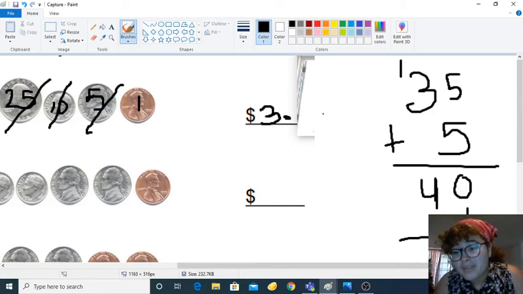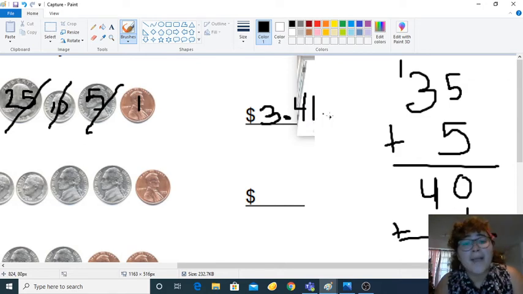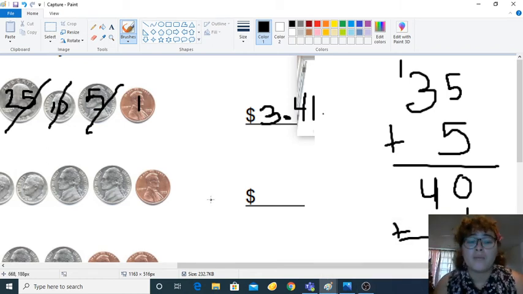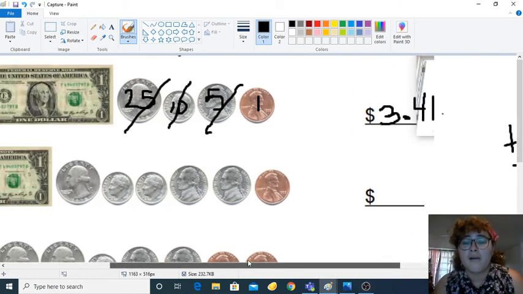You put 0 plus 1 is 1. There's nobody here. So you just bring him down and you have 41. So we know we have 41 cents. But this time we don't have to add anything else, no cent sign, because we had dollars. So it's $3.41. Okay, so I'm just going to do one more problem and that'll be it for today.